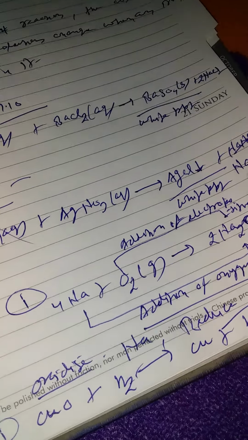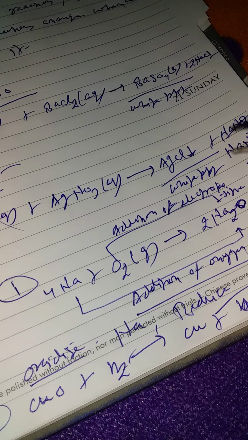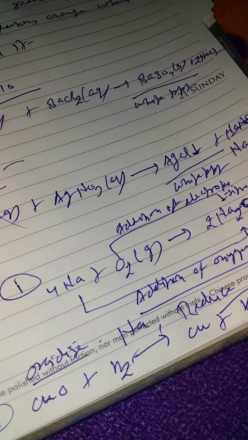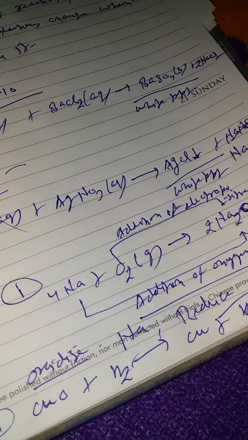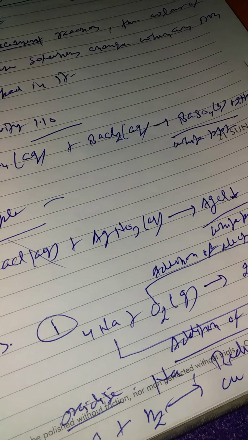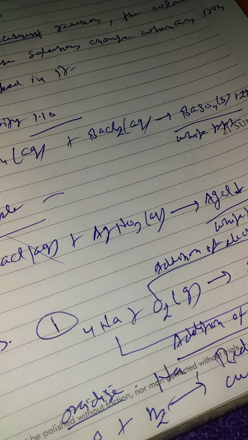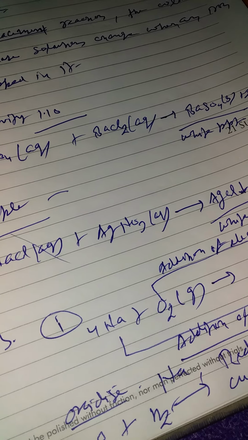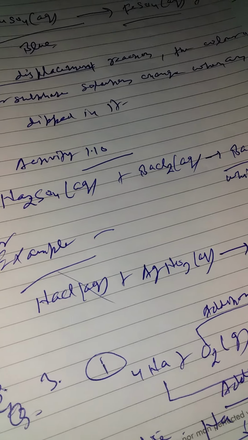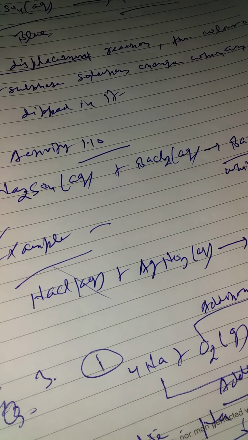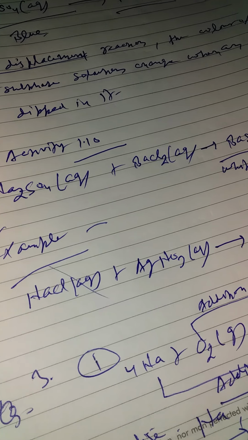This question is already discussed in the examples of redox reaction. So dear students, prepare notes and solve other examples based on this topic, and for any problem you can contact me.